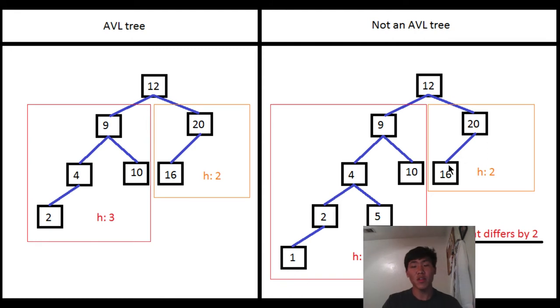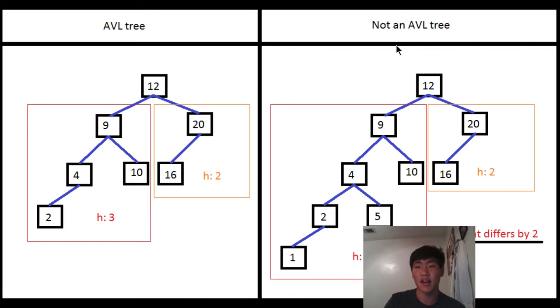Alright, so what is not an AVL tree? I drew this little diagram for you guys. If you look, we're looking at the root node, and the height of the subtrees on the left here consists of a height of 3 and 2 on the right subtree.